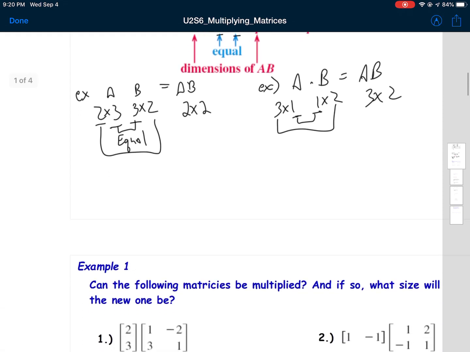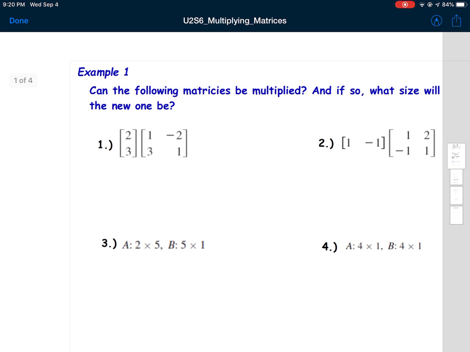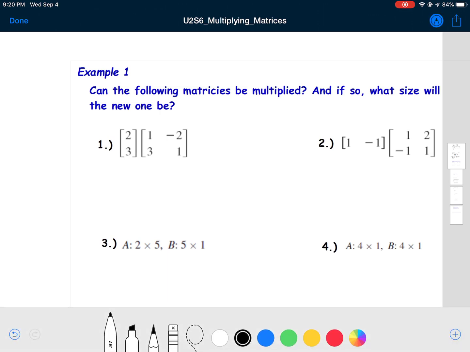Alright, so let's go ahead and decide whether or not we can multiply them. Okay, this is a 2 by 1. This is a 2 by 2. Those numbers are not the same, so I can't multiply. Here I've got a 1 by 2 and a 2 by 2.